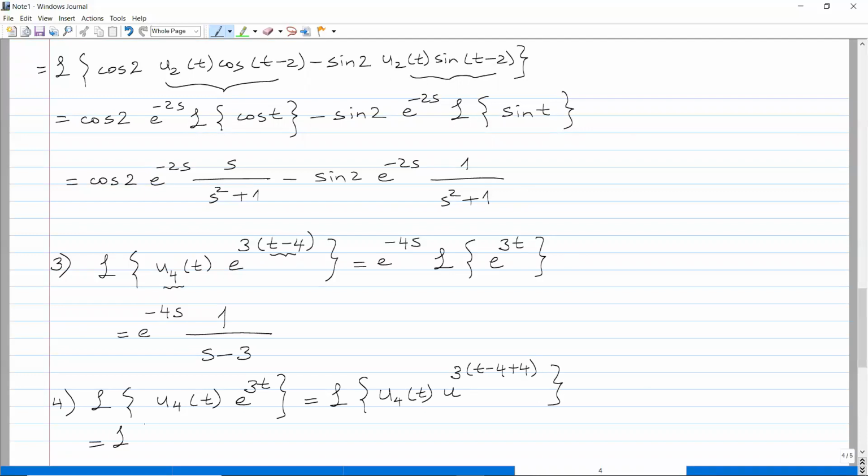And then this is e to the 3 times t minus 4 times e to the power 12, right? 3 times 4 is 12. And e to the 12 is just a constant. I can take it out. And for this part, e to the minus 4s, the Laplace transform of e to the 3t, which is 1 over s minus 3.